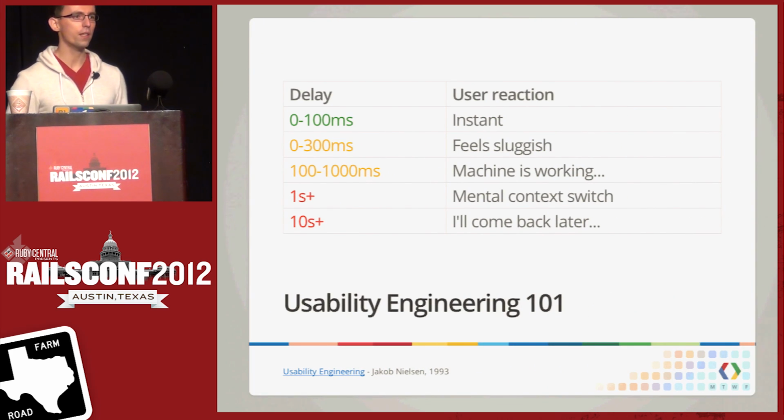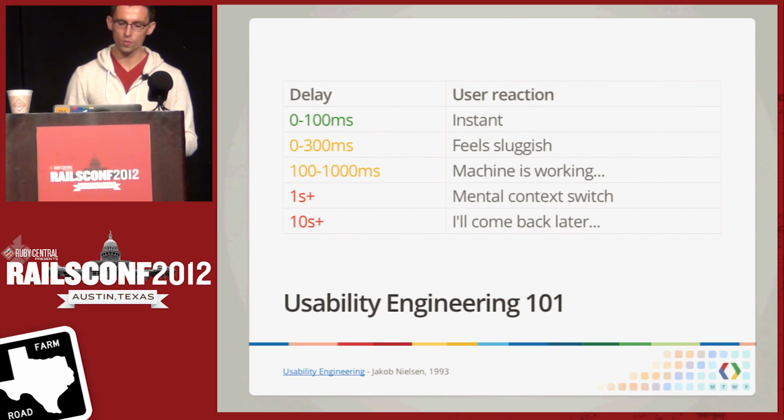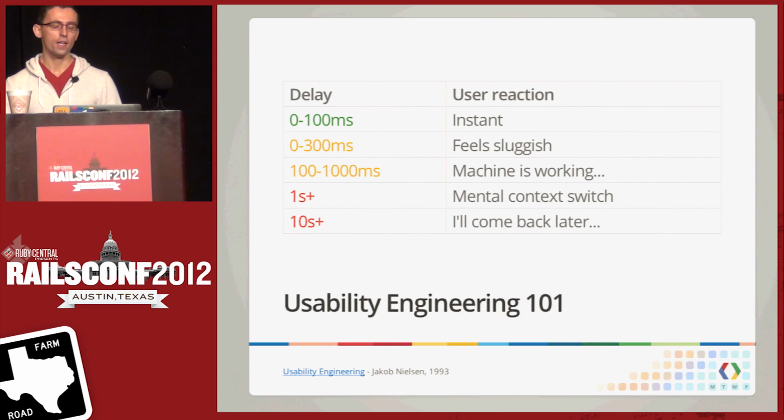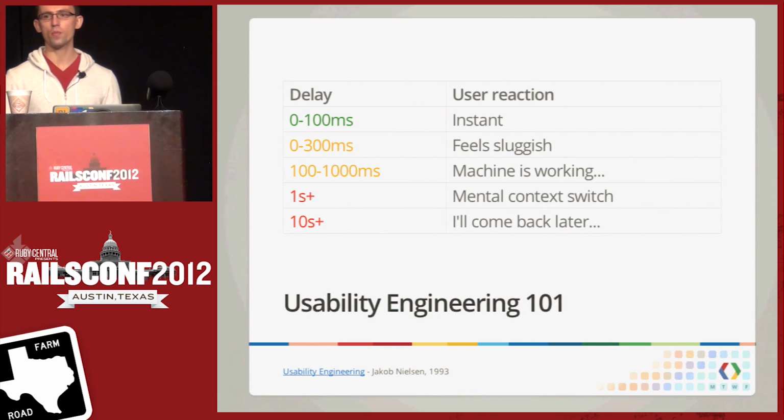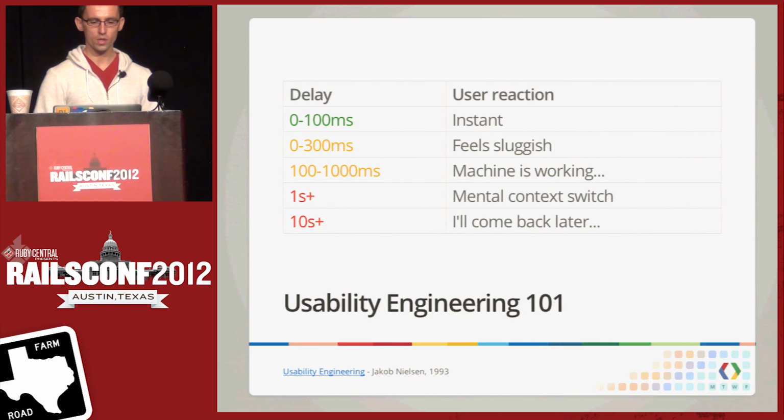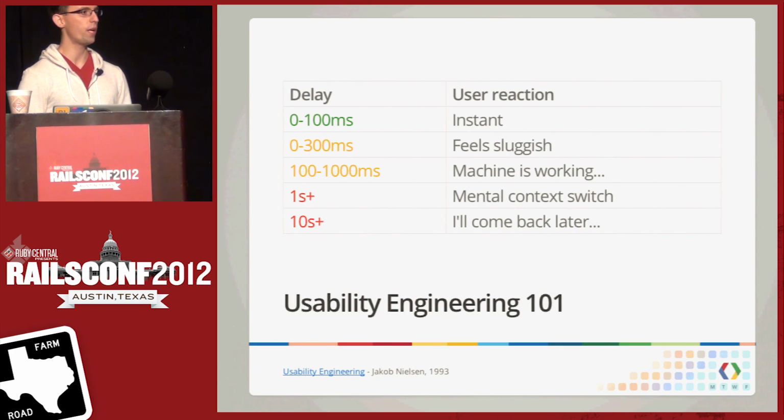So before we get into the specifics of how we go about optimizing, it's good to get some baselines. This is just usability engineering 101. Every month or so, we get a new case study or paper that says, hey, we lowered our page loading times and our conversions went up, or the sales went up, or something similar.